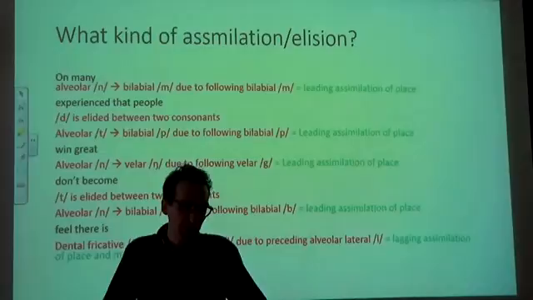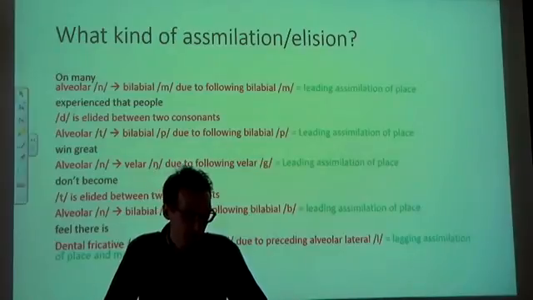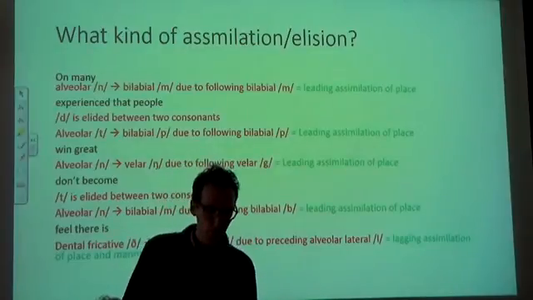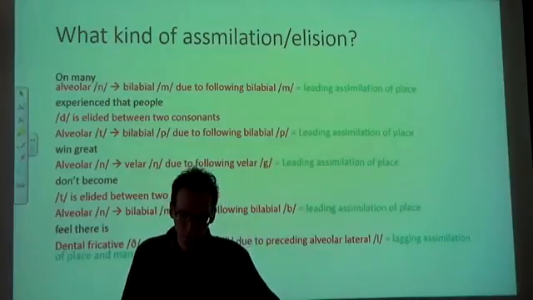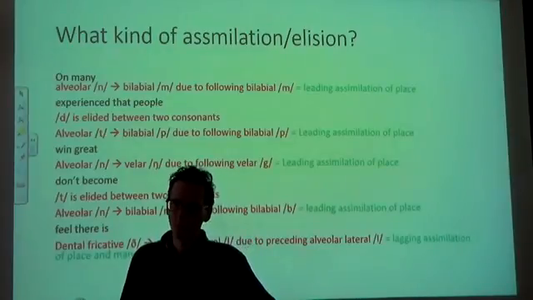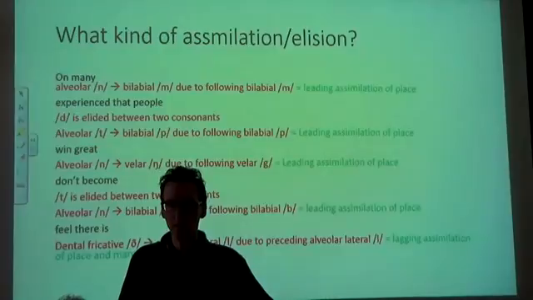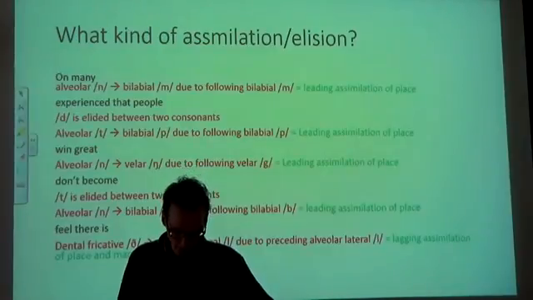In inexperienced people, the D is elided because it's between two consonants. The same goes for don't become. The T is elided between two consonants. The only other different kind of assimilation is fill areas. Dental fricative becomes alveolar lateral. This is lagging assimilation of place and manner. Yeah? Look this up again in your own time.